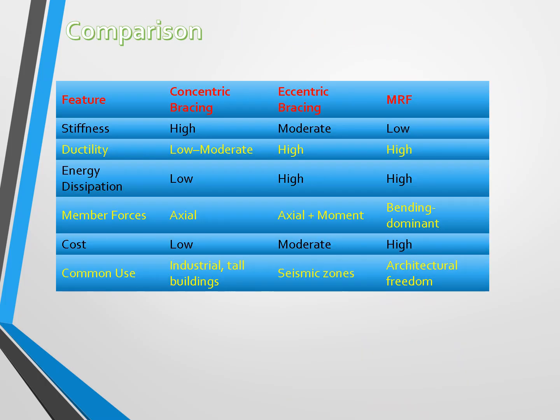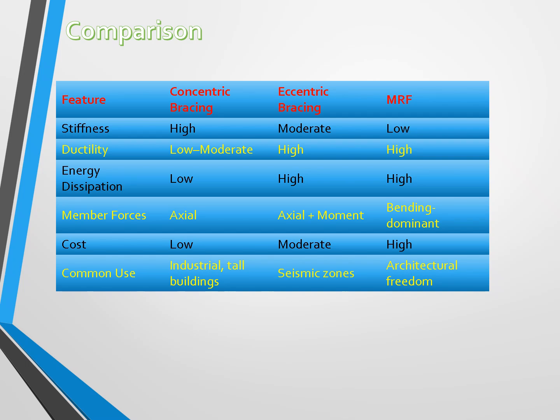And here you can see a comparison between different lateral load resisting systems. For stiffness, when we want a higher stiffness, we can choose the concentric bracing, while for moderate stiffness, we can go for the eccentric bracing, and the moment resisting frame provides low stiffness.